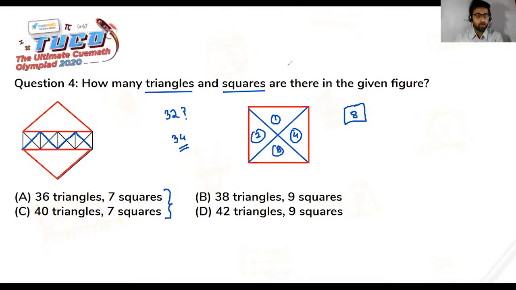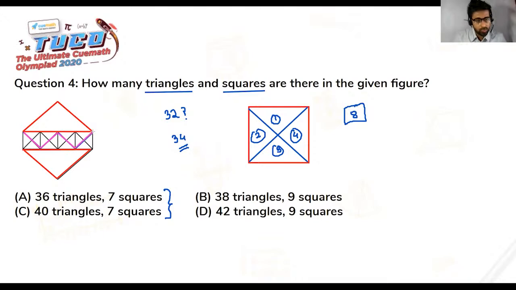But what if I draw the triangles upside down? What if I draw the triangles such that I have one here, one here, one here, and one here? So I'm drawing it upside down, isn't it? Let's try to draw it. Let's try to add some more clarity to it.